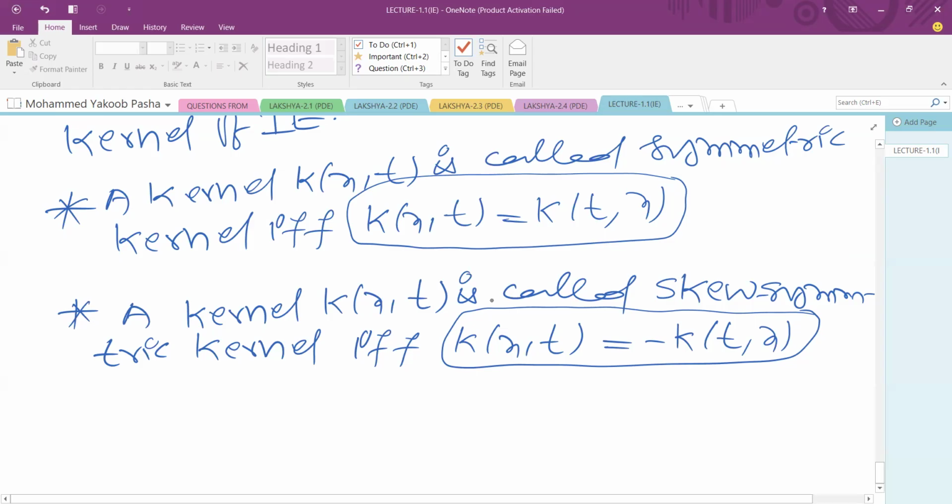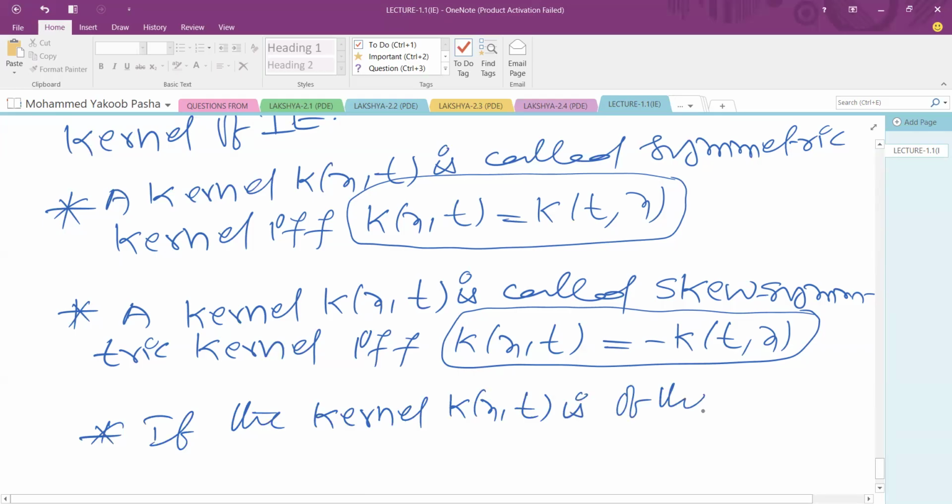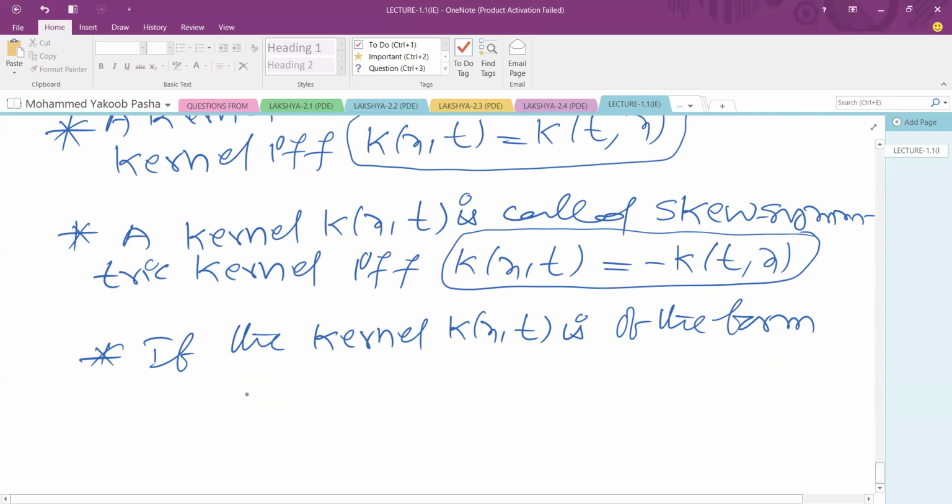And if the kernel k of x comma t is of the form k of x minus t, for example e to the power of x minus t, it may be sin of x minus t, cos of x minus t, or log of x minus t, like that.